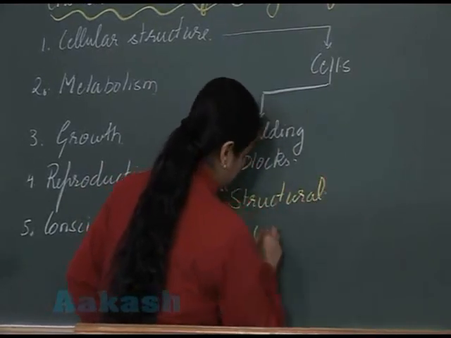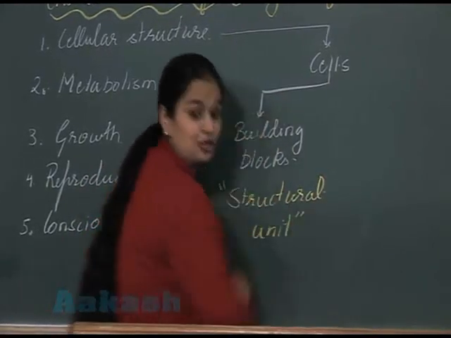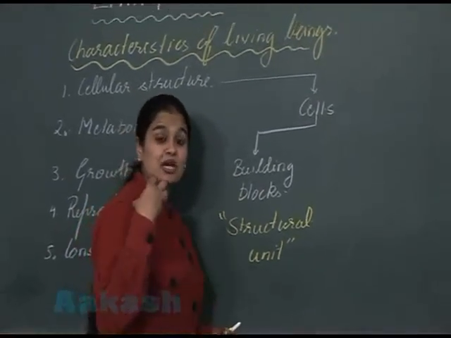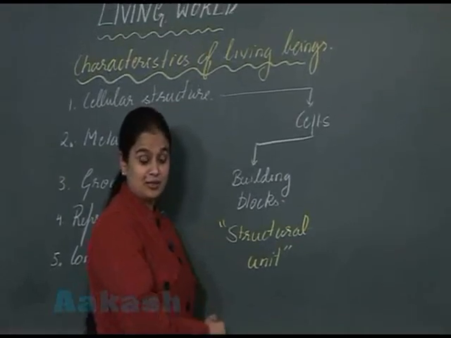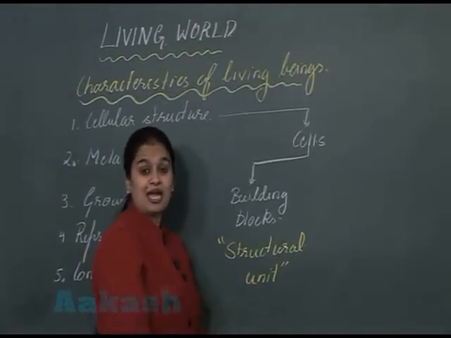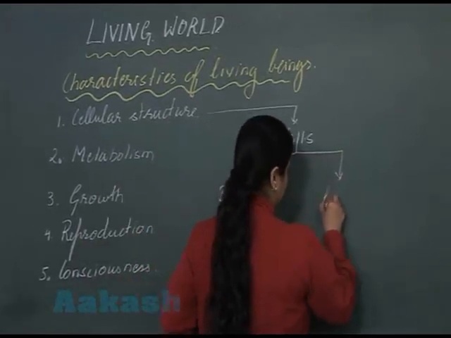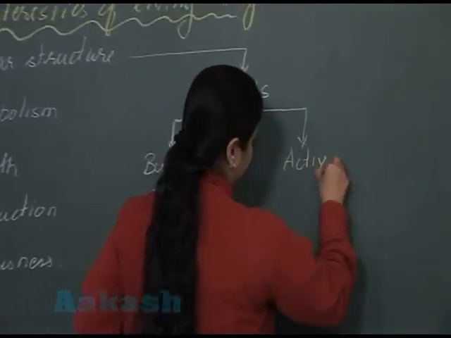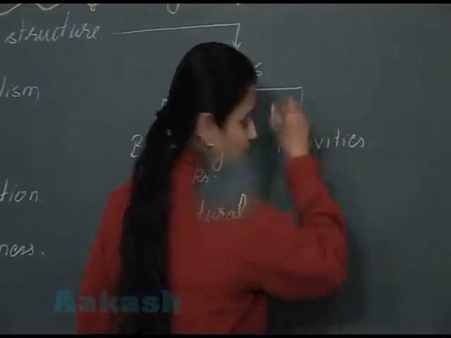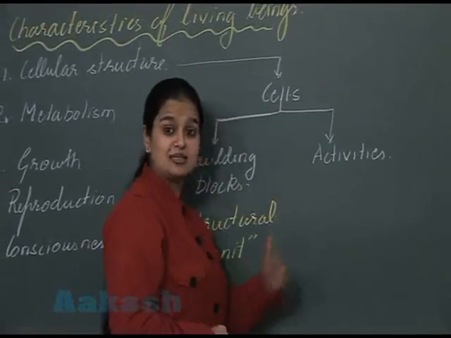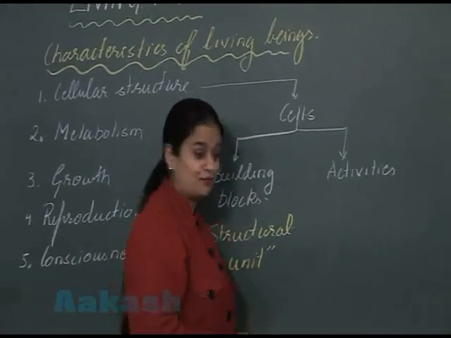Structural unit. Along with that, the activities performed by the organism are the sum total of the activities of its cells. It means that the cells are the functional unit of organism.